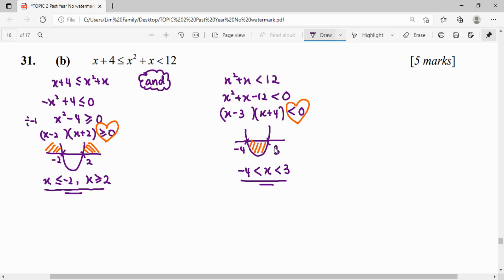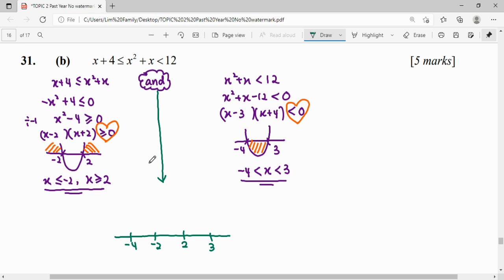What we can do now is intersect the left hand side answer and the right hand side answer on a number line. We draw our number line with 4 points: -4, then -2, 2 and 3.